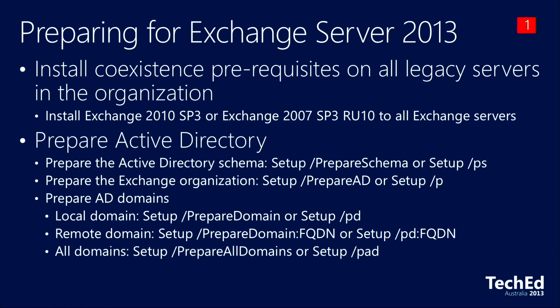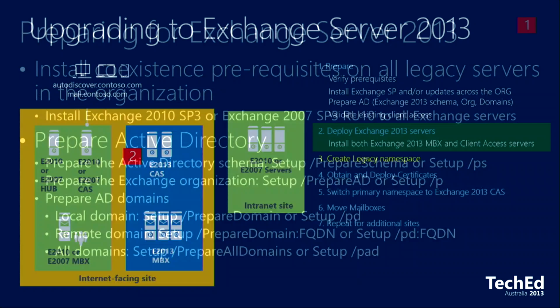Then you need to prepare the domains, and that could be all domains at once, or it could be just a local domain, or it could be specific domains one at a time. However you want to do it, it's up to you. But you do need to take all of those steps, because if you skip any one out of order, you're going to have to go back and restart. And of course, if you decide to skip all the steps, as I mentioned, the first Exchange server that you install is going to do all these things anyway, so keep that in mind.